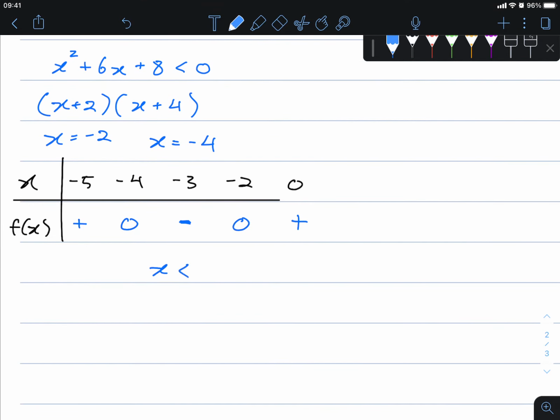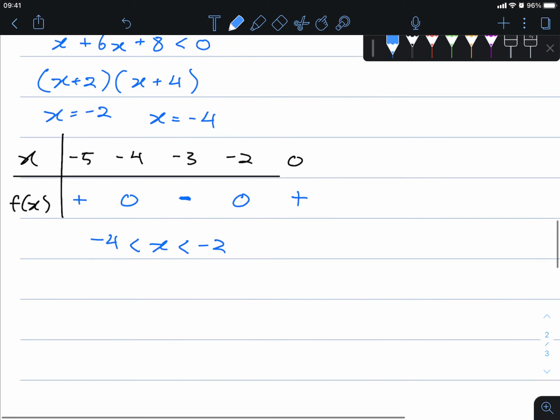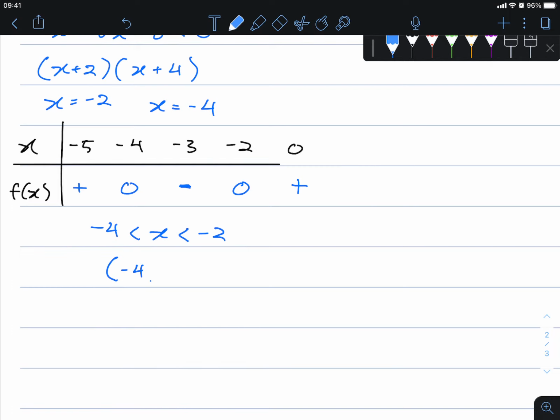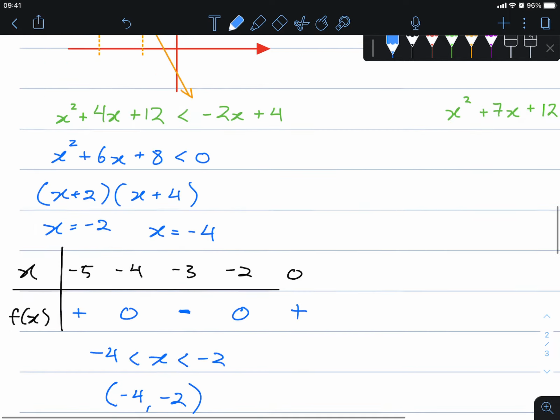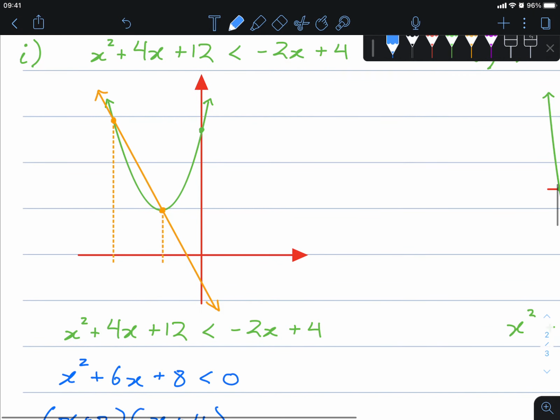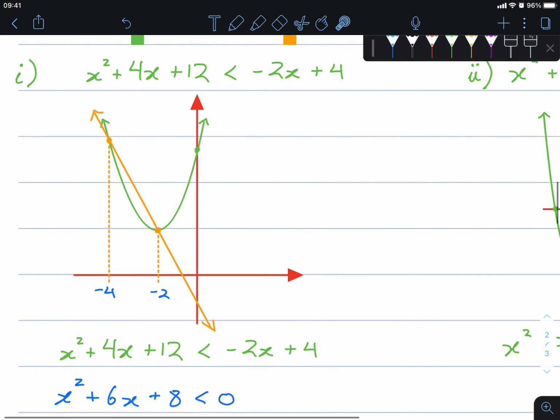So x is less than negative 2, but greater than negative 4 in bracket notation. There we have it. So this actually coincides with what the graph shows. So this means that this is negative 4 and that's negative 2.